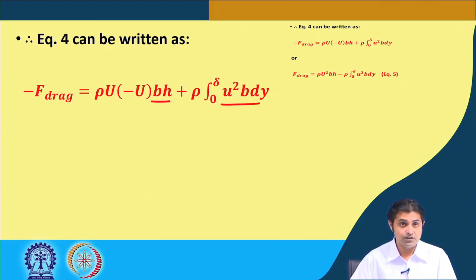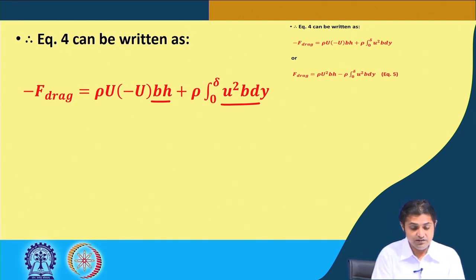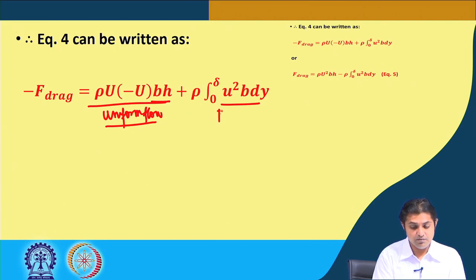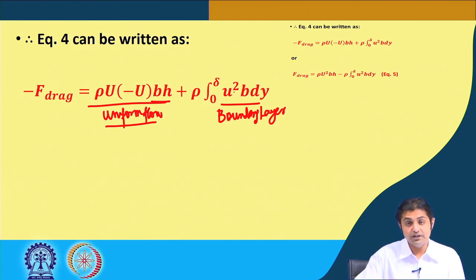What we did is we just substituted the equation 4 and put in the velocities. This is section 1 where uniform flow was there, and here the boundary layer, and now you can understand why two different forms of momentum we have written.